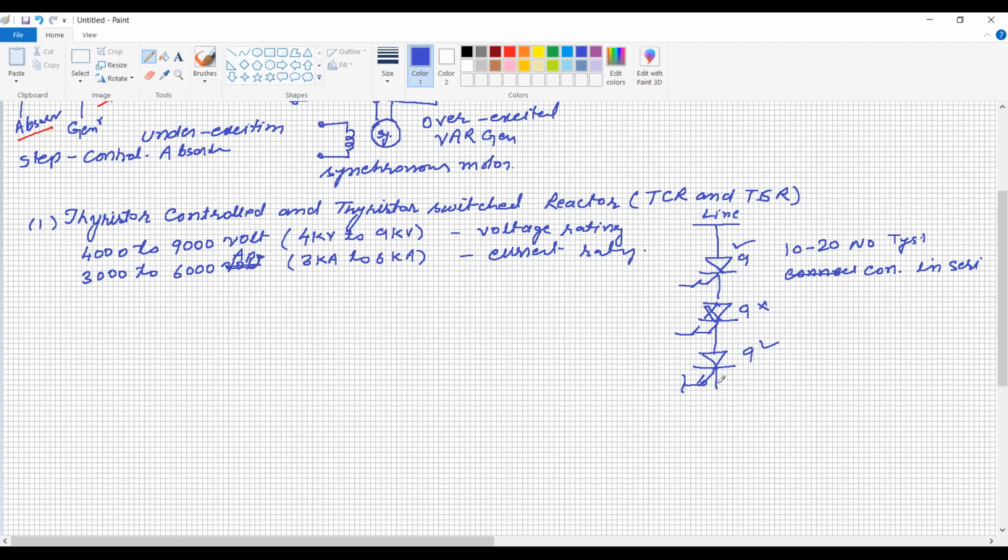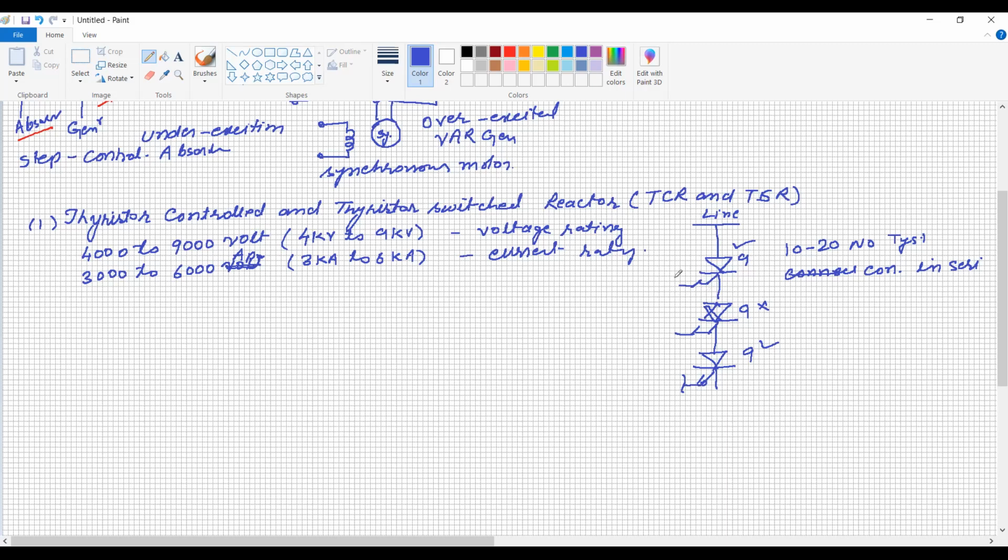This one is not conducting, so the total voltage, 27 kV, is going to be applied across it, and it is going to be damaged. So it is very necessary that the thyristors connected in series or in parallel switch on and off synchronously. Whatever the gate pulses are, for controlling as a switch or controlling the conduction angle or delay angle, they should be simultaneous.